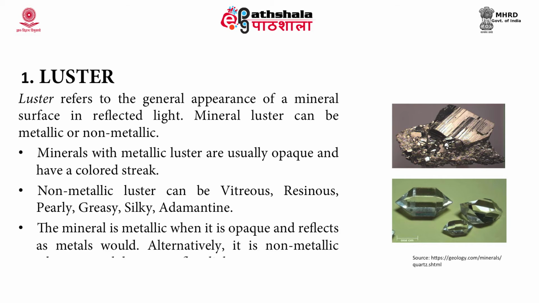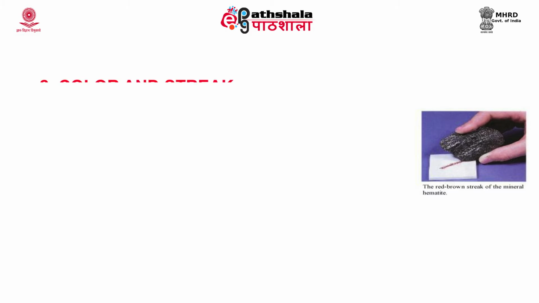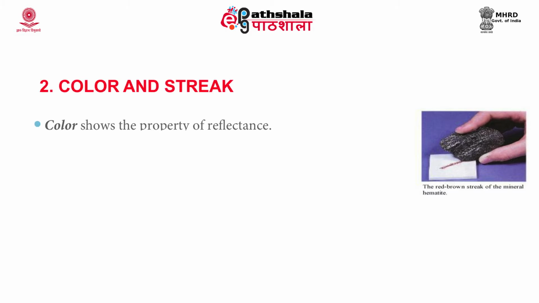The mineral is metallic when it is opaque and reflects as metals would. Alternatively, it is non-metallic when the mineral does not reflect light. Second property is color and streak. Color shows the property of reflectance. Metallic minerals can be yellow, white or grey in color.